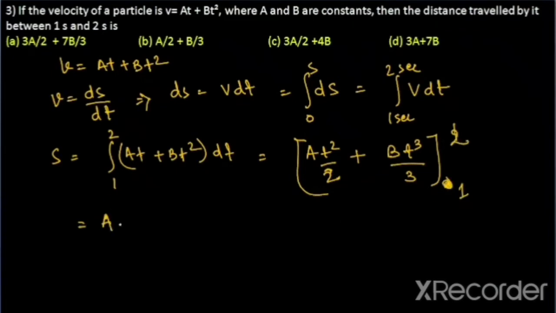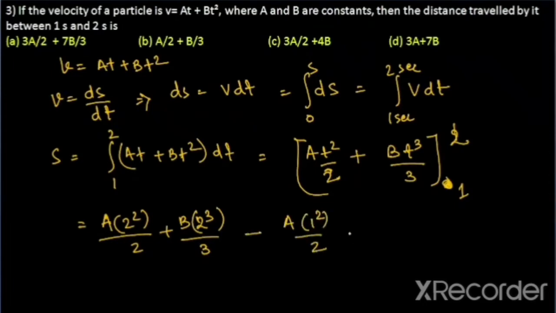So a 2 square by 2 plus b 2 cube by 3 minus a 1 square by 2 plus b 1 cube by 3.